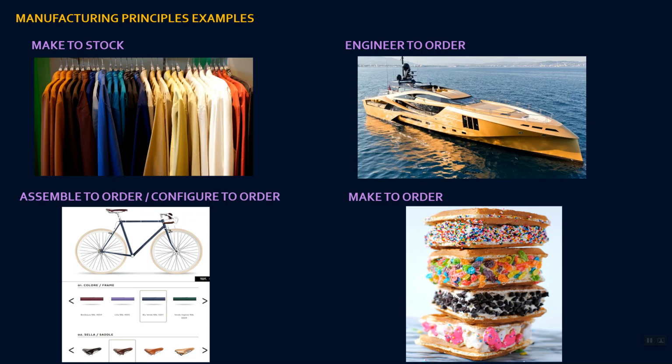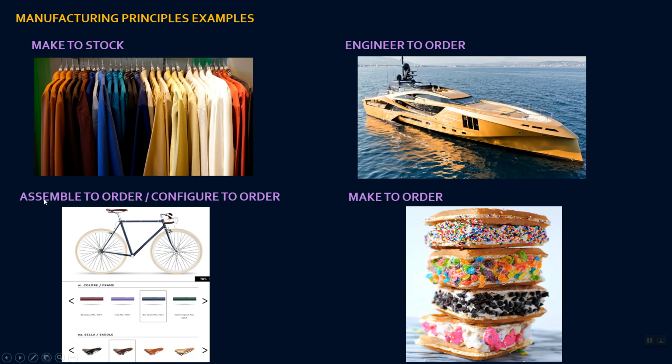You can go and have it anytime. Engineer to order. This is a yacht, and this is a really sophisticated design for a particular requirement, or you can say an imagination of a person, and based on his imagination and approval, this has been assembled and designed.